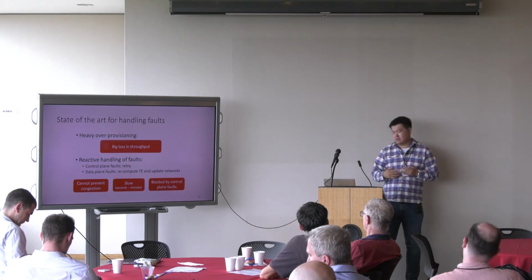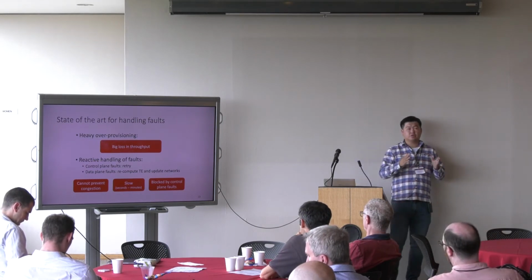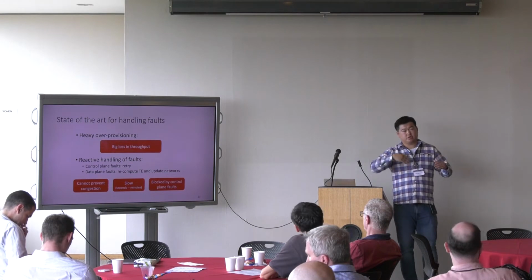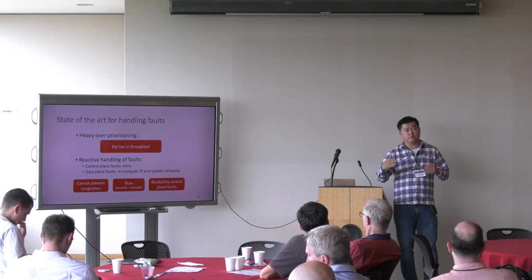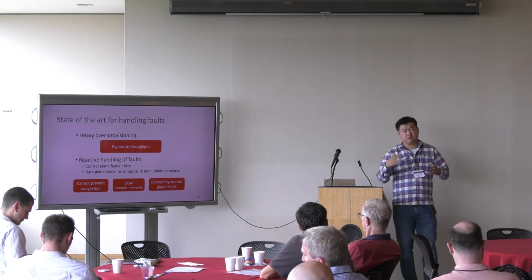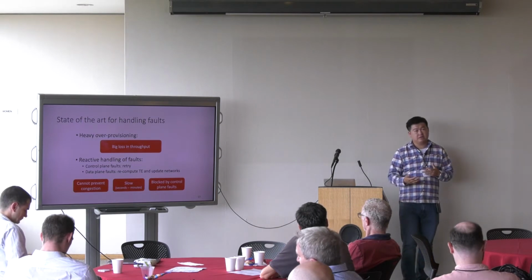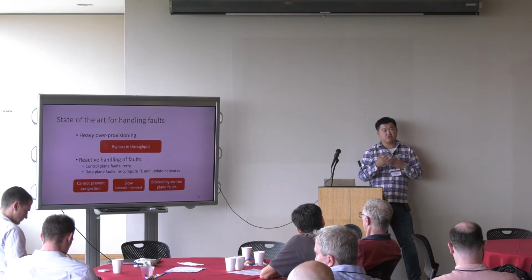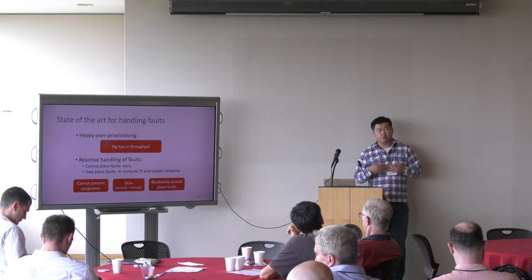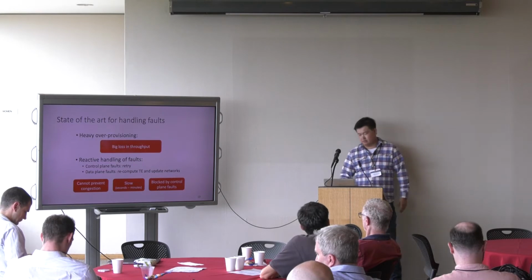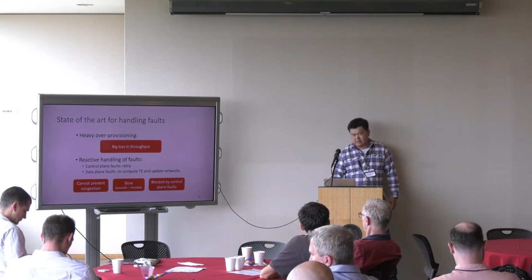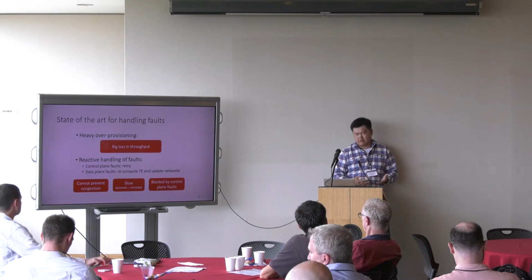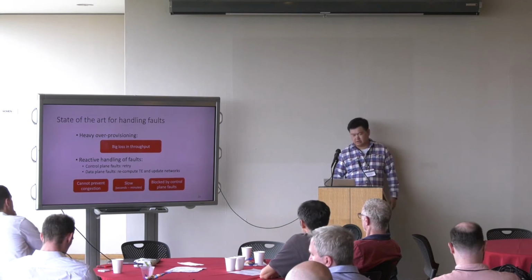But just as I said, the controller uses 5 minutes to reconfigure the network for a reason, because in a large-scale network, the controller cannot do that really fast. And also, when you reconfigure the network, you are facing control plane faults. Sometimes you want to react, but a control plane failure prevents you from doing it. So that's the disadvantage of the reactive approach.